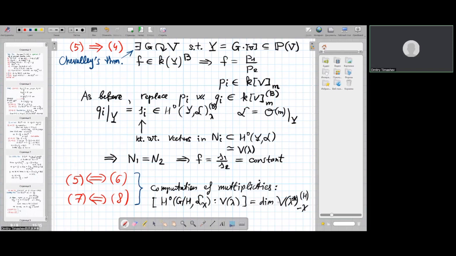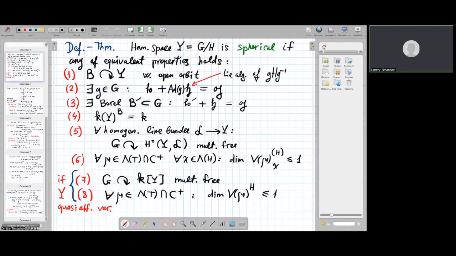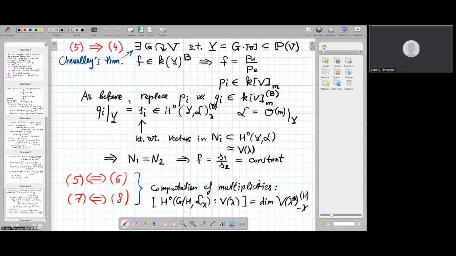This we have proved. And now conditions 5 and 7 say something about that multiplicities are at most 1. And conditions 6 and 8 say that these eigenspaces of some characters, so here mu stands for lambda star on the last page, are at most 1. The dimensions of these eigenspaces are at most 1. So this is the same condition as written here.